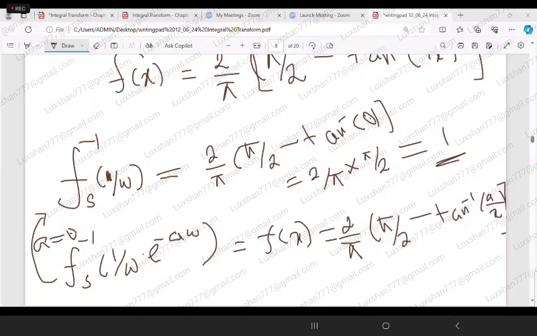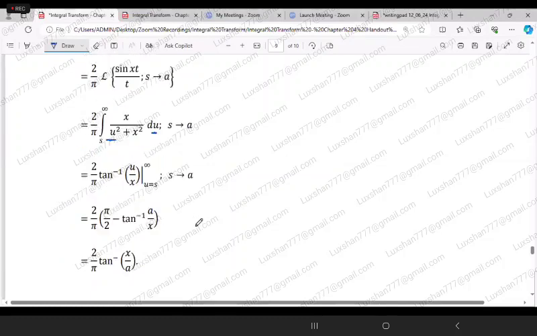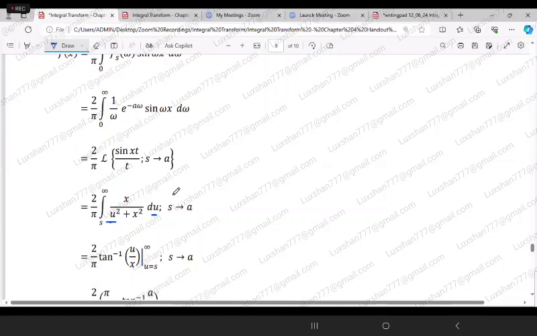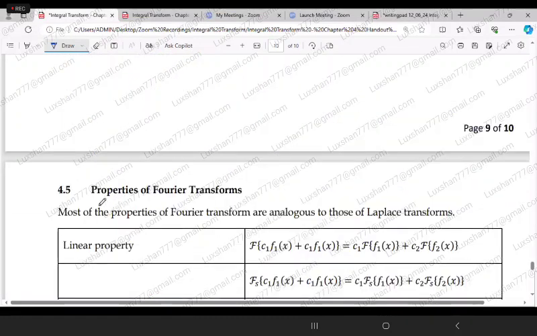Okay. Anyway, so that is the answer. One. Okay, so letting a equals 0. So here you have to be careful about the variables. Now we are having some properties of Fourier transform. You can remember that we had some properties for Laplace transform.